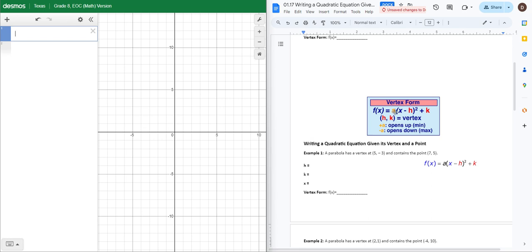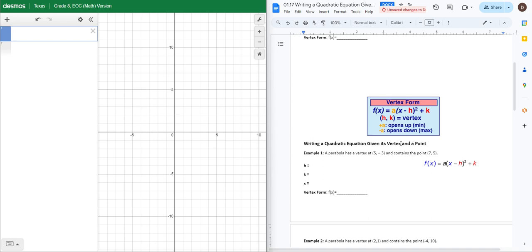A is a coefficient outside of the parentheses, so you should know from your transformations that it is either going to vertically stretch or vertically compress our quadratic equation.